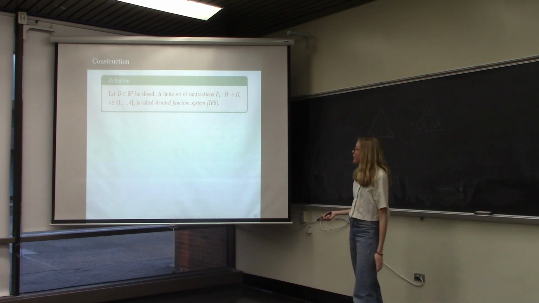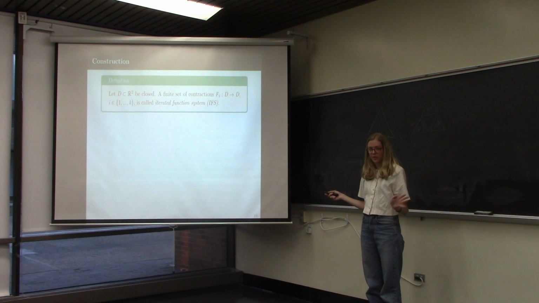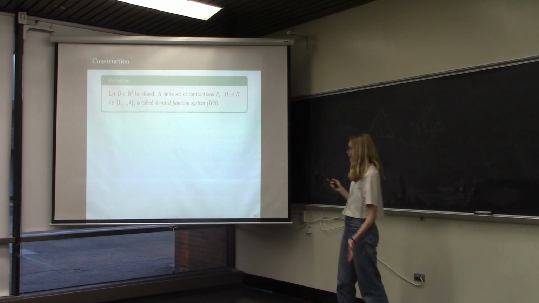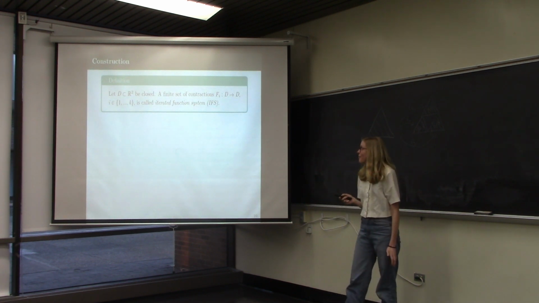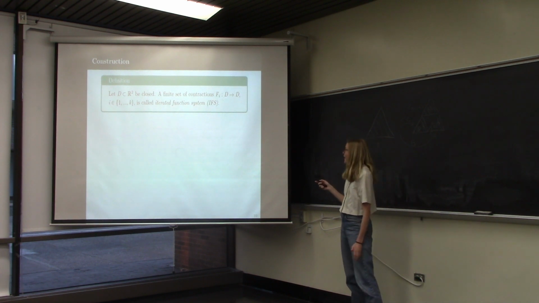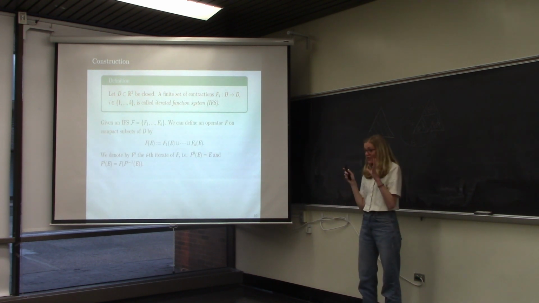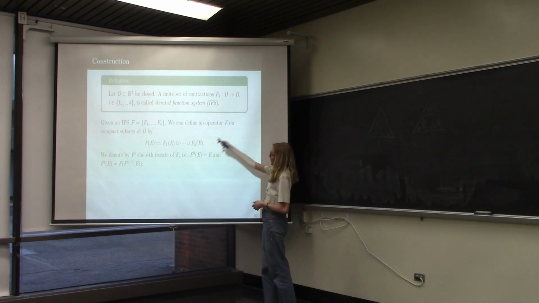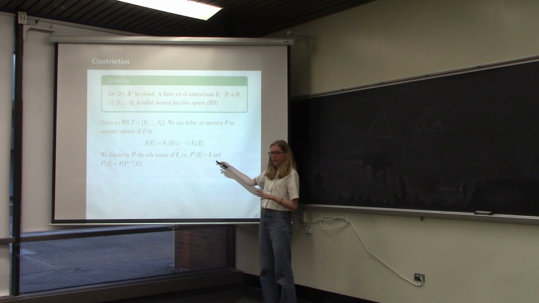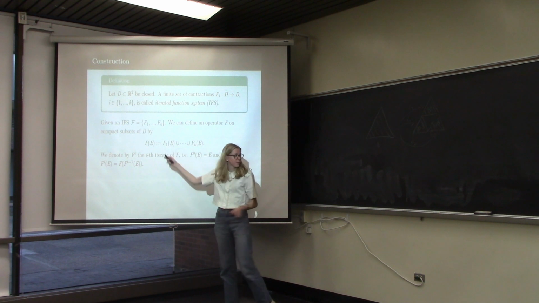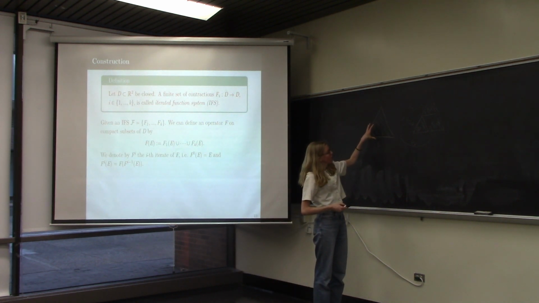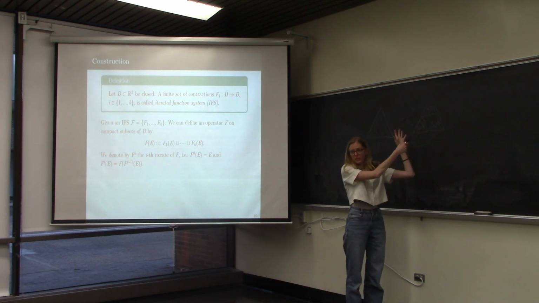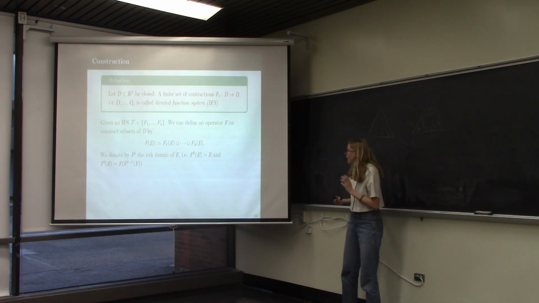Now, if we have a closed set in R2, most of the time I will just take R2, but we could do it with a closed set D within it. Then a finite set of contractions we call an iterated function system, or just IFS. And if we have such an IFS, we can define an operator F on compact subsets of D. This is just to make notation easier. We don't only consider the image of one set, but we consider the union of the images, and that's what is interesting to us.